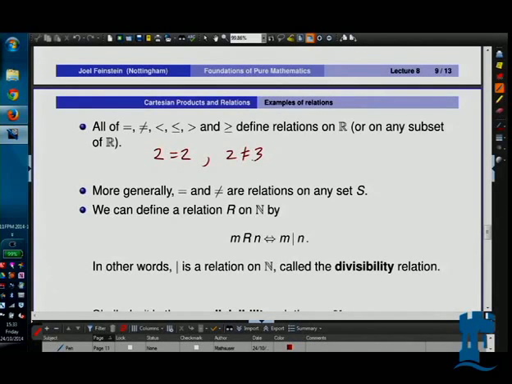Now, notice that not equals is already a relation, but it also comes from equals by putting a not sign through it. So you can think of not equals in 2 different ways.